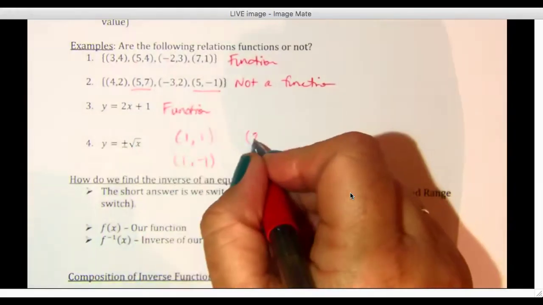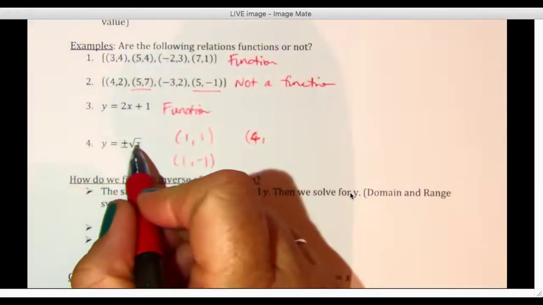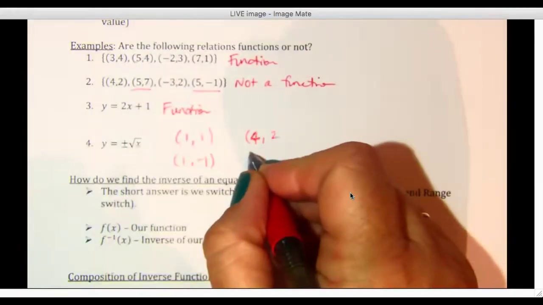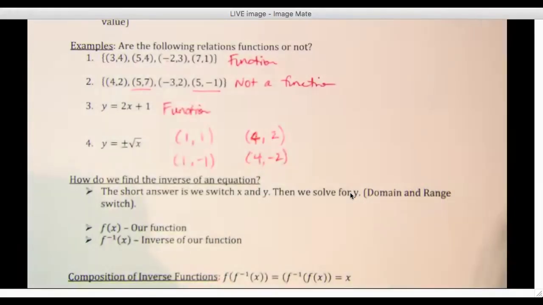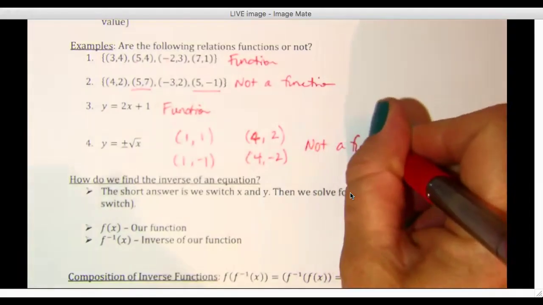If I plug in 4, the square root of 4 is 2, so I get positive 2 and negative 2. So for each of these x values, I'm getting 2 y values out. That means this is not a function.